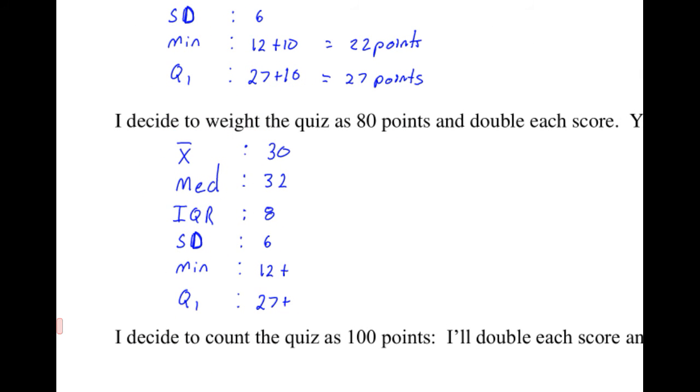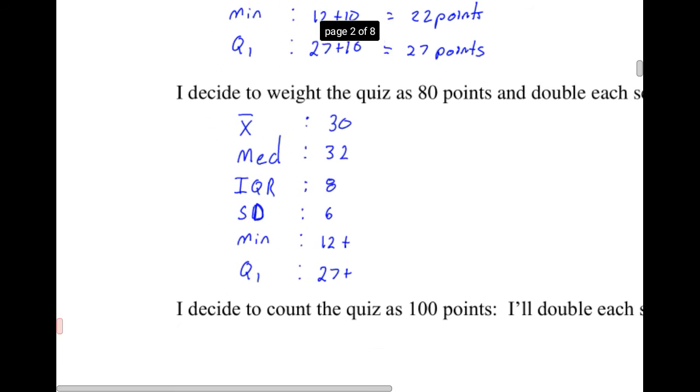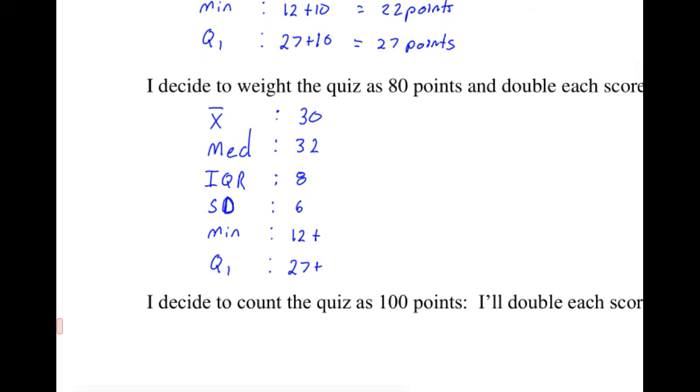Okay, so decide to weight the quiz as 80 points, doubling each score. Your score is now 70 because you had a 35. So now I'm stretching it, kind of. I'm multiplying everything. So if my Q1 is 10 and my Q3 is 20, I would have an IQR of 10.